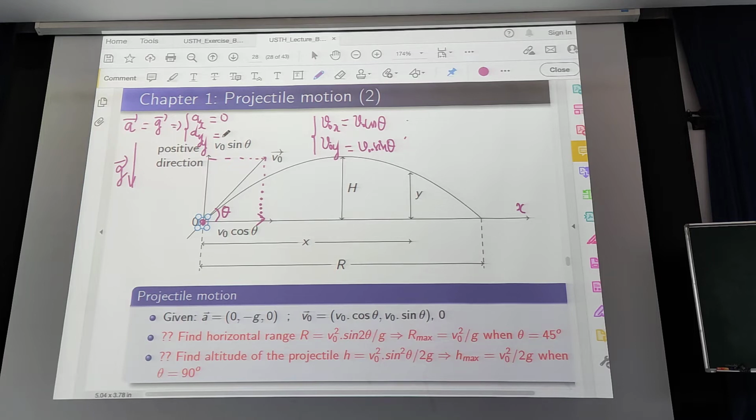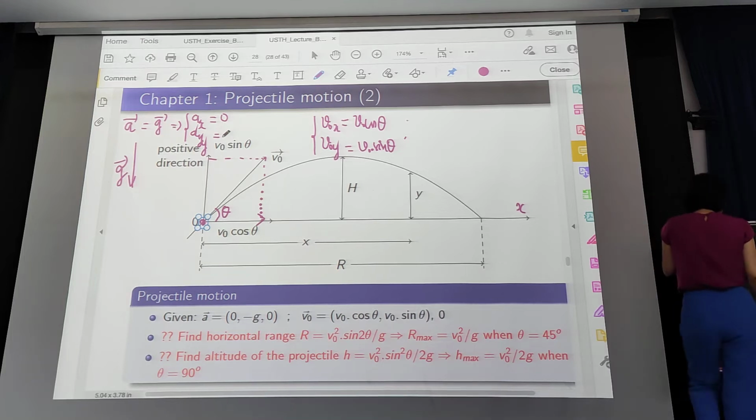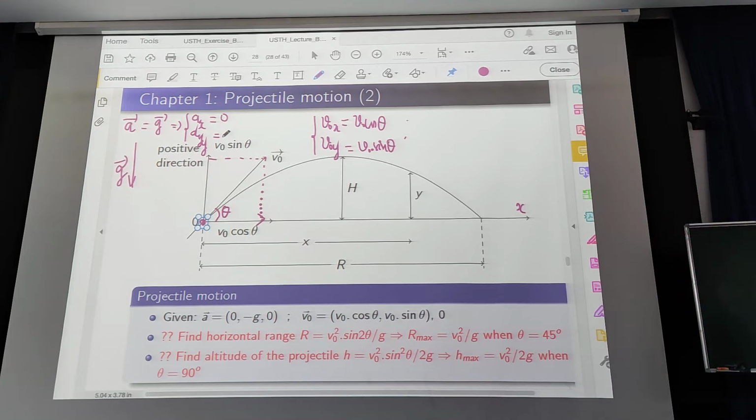So plus or minus, depending on the positive direction of y. In this case, it's completely correct: ay equals minus g.